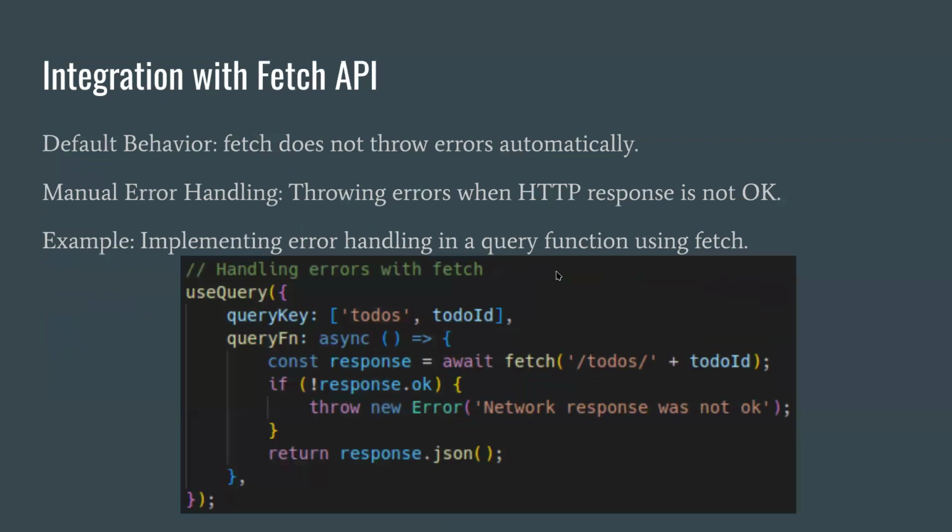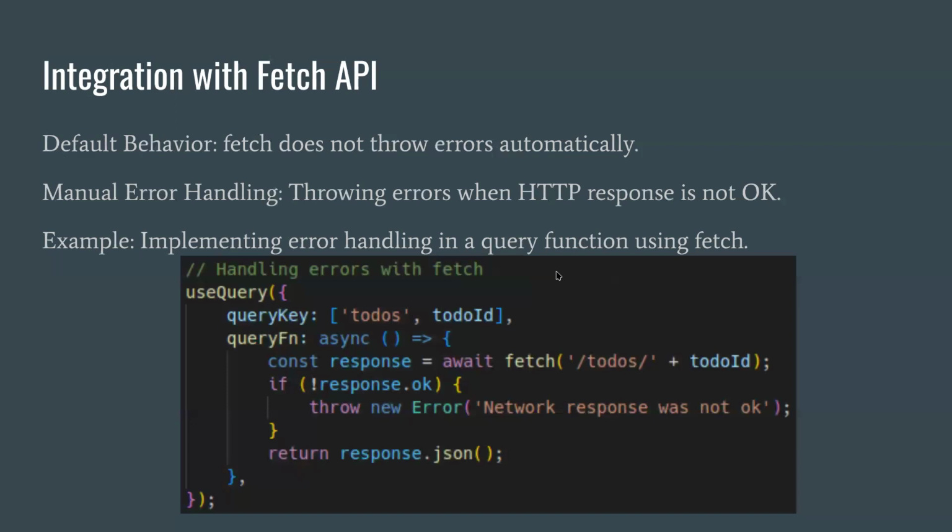Integration with fetch API. There are many data fetching libraries, for example Axios, that throw errors automatically on failed HTTP requests. But something that you want to remember is the fetch API does not throw errors automatically on failed HTTP requests.